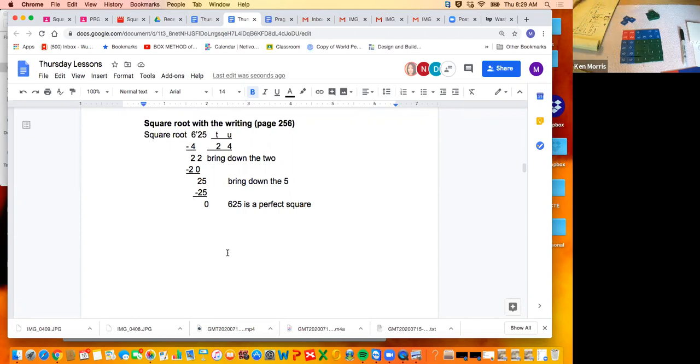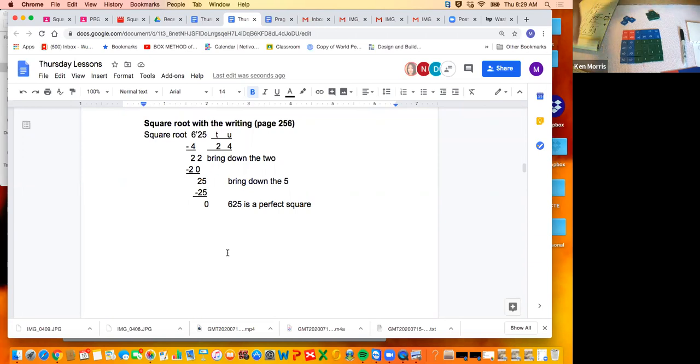After this lesson, I would move on to doing an example with them of a square root of a perfect square, like 625, with notation, so that they see the notation twice. They see it once when you have to go back and change it, and they see it again when you have a perfect square.